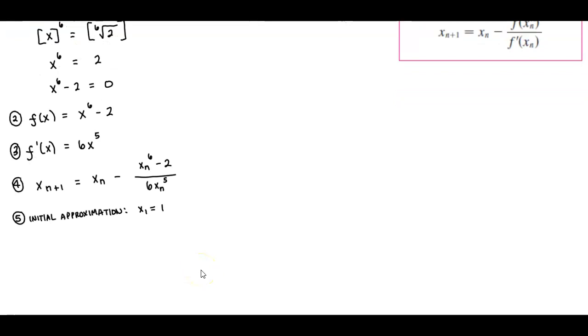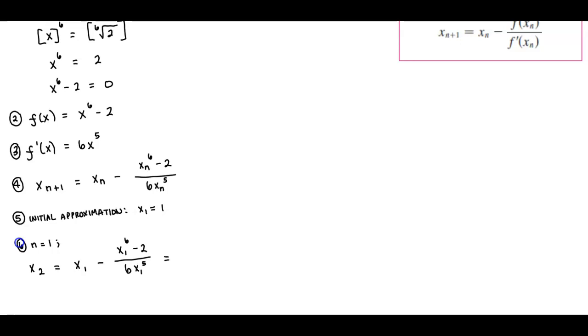Okay, so when we let n equal 1, then we know that that's going to be x subscript 2, which is going to equal x subscript 1 minus x subscript 1 to the 6th power minus 2 over 6 times x subscript 1 to the 5th power.